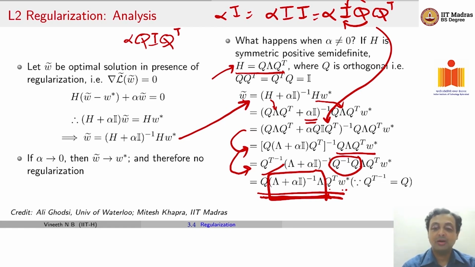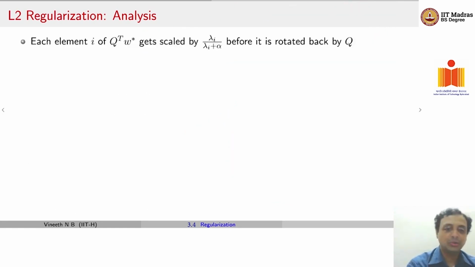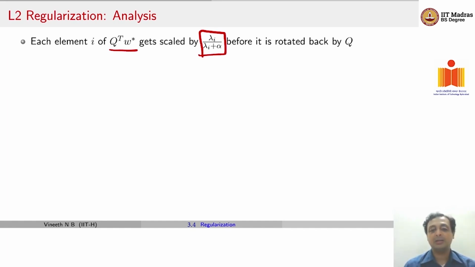So you have lambda plus alpha I whole inverse lambda, and because lambda and I are diagonal matrices, you can now write this more succinctly as: you take every element of Q transpose W star, and it gets scaled by lambda I by lambda I plus alpha.